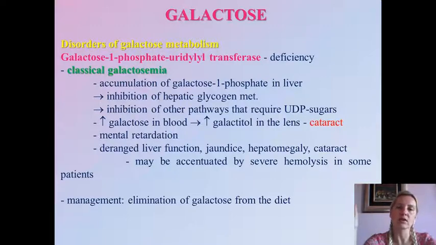If prolonged, galactosemia can derange liver function, and may lead to jaundice, hepatomegaly, cataract, and in some cases severe hemolysis. And speaking of the management, galactose is eliminated from the diet once the deficiency is diagnosed.